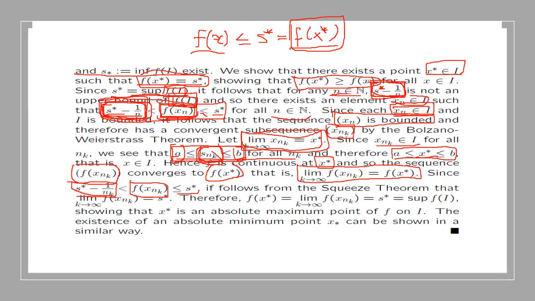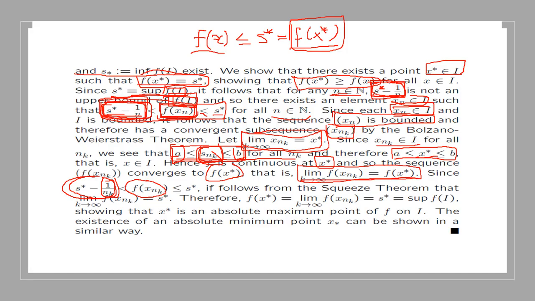So now you simply apply the Squeeze theorem here, okay? The limit here, this will go to 0 as k goes to infinity. So the limit here will be S star. The limit here will be f of x star, which is this one here.